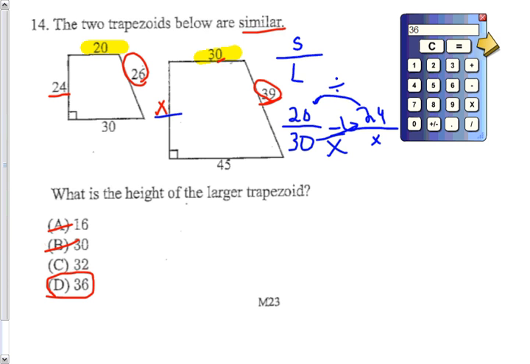All right, so we cross multiply and divide is what we say. So let's clear the calculator out. We will do 30 times 24, and then we will divide that number by 20, and that equals 36. Voila.